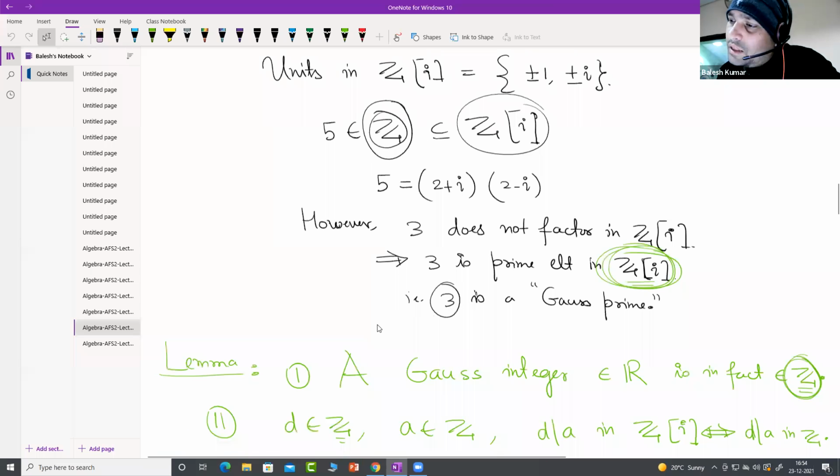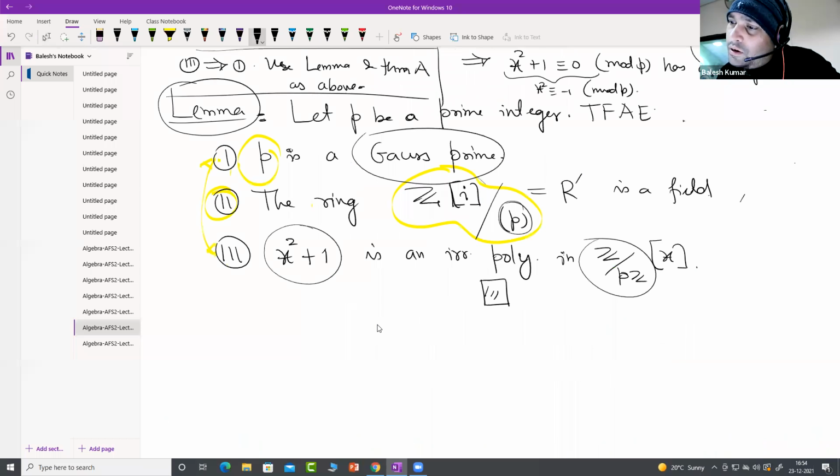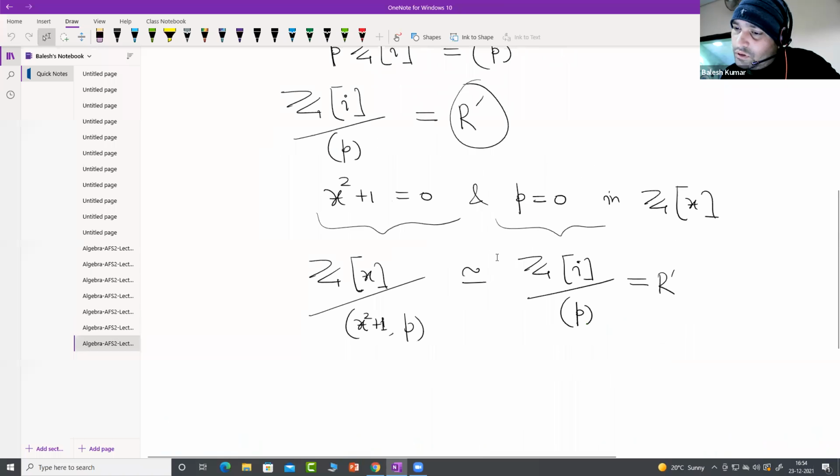It depends on the prime integer p. It will be a field precisely when the prime integer is a Gaussian prime, and that is exactly what we would like to prove. A priori it is an integral domain, that much we can say from here, but it will be a field precisely when p is a Gauss prime.